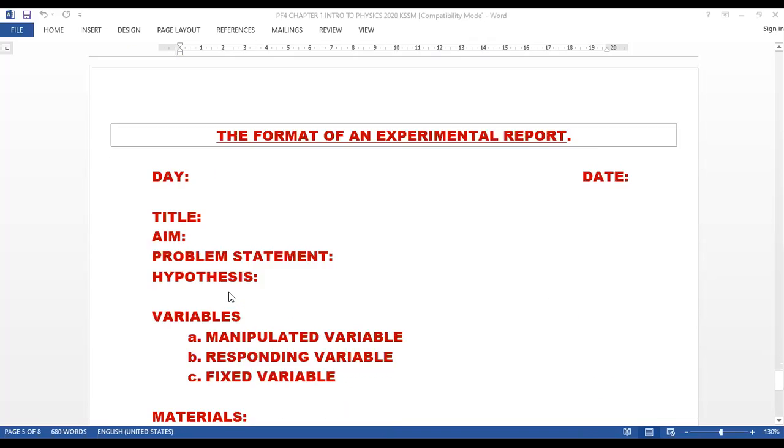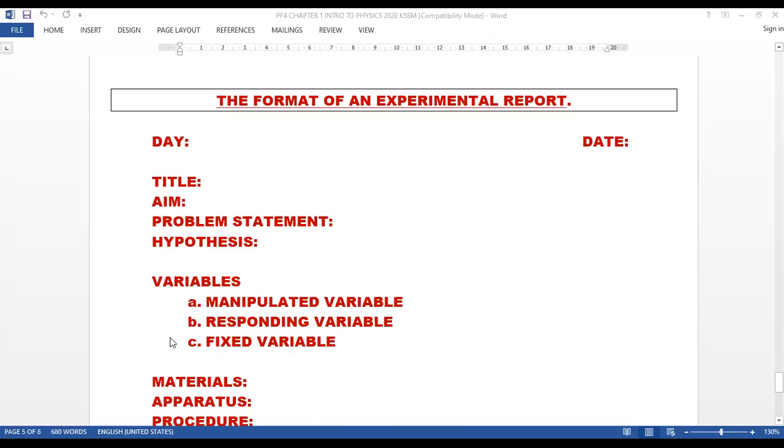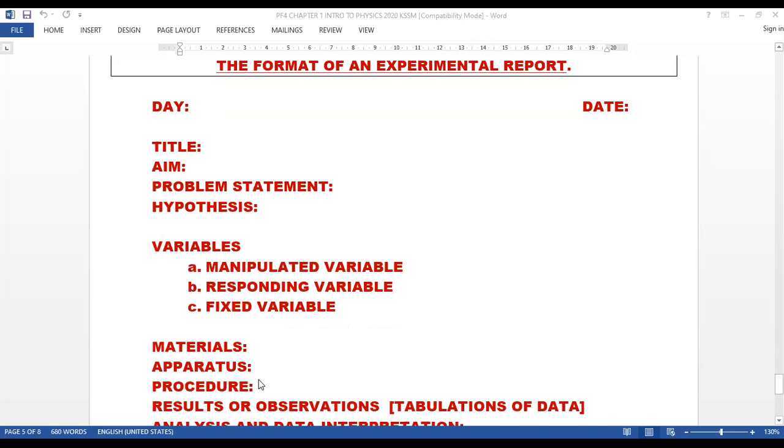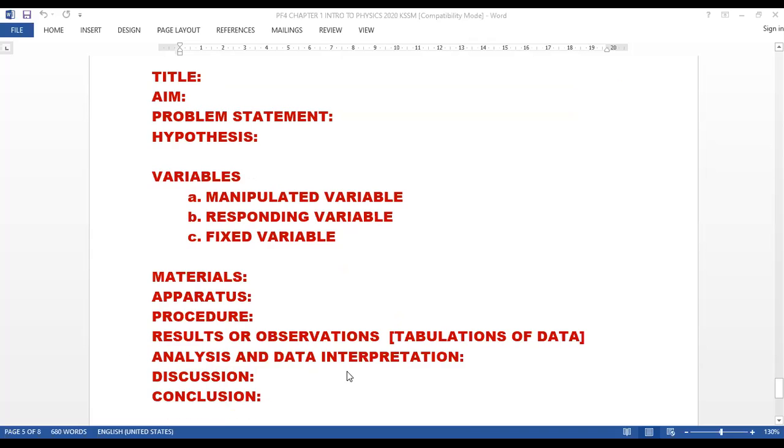So when you write, this is the format of an experimental report: date, title, aim, problem statement, hypothesis, variables, materials, apparatus, and procedure, 1, 2, 3, 4. After step 4, you say the process was repeated, then you go to number 5, how you change the manipulated variable.